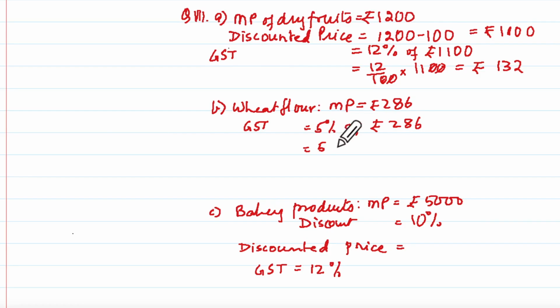Okay, so this is 5 upon 100. See, according to GST, this is correct. But the total price for dry fruits I have not yet written, so I can't add that 1100 plus this. That is why, see, the statements are important. Your teacher will look at this and give you a tick.